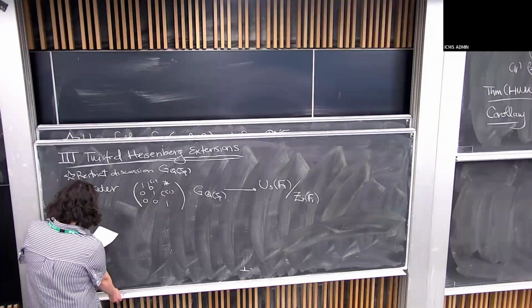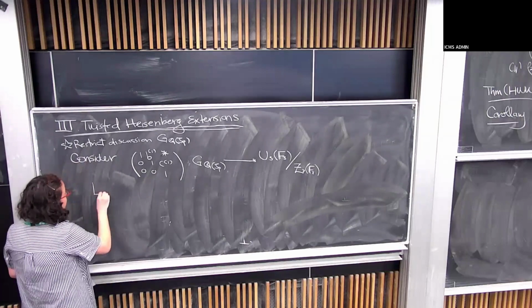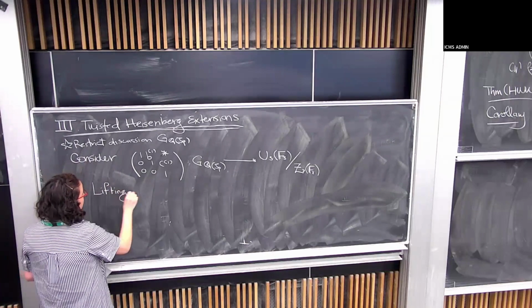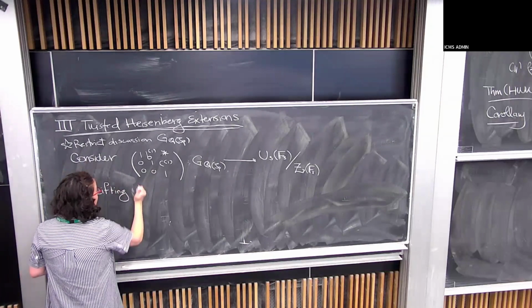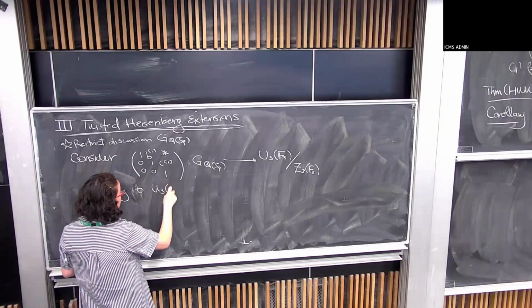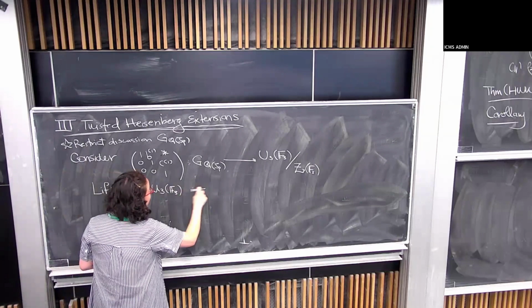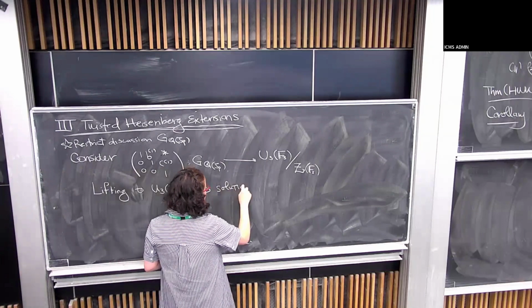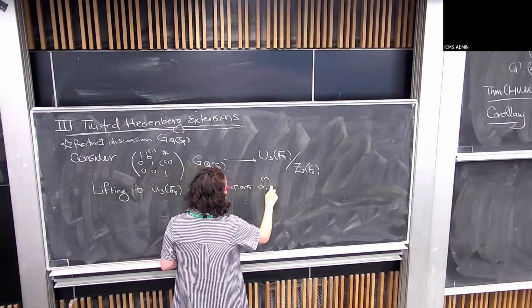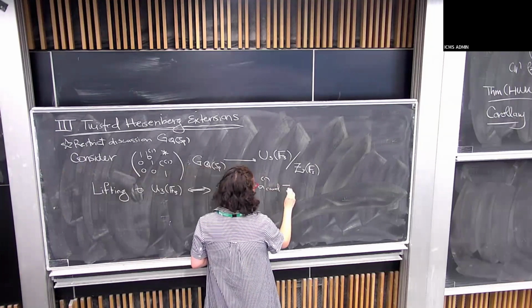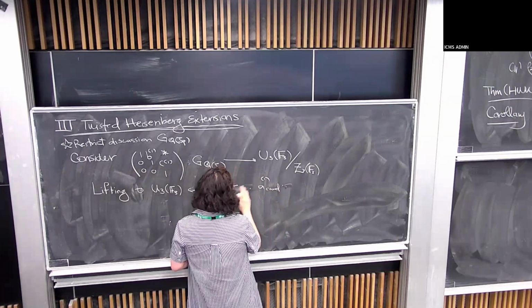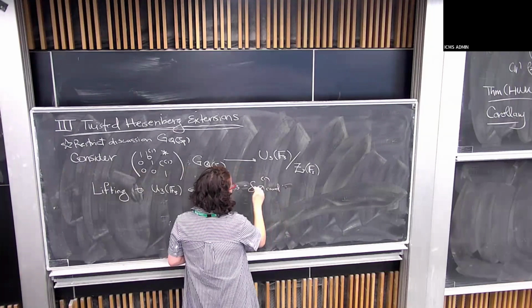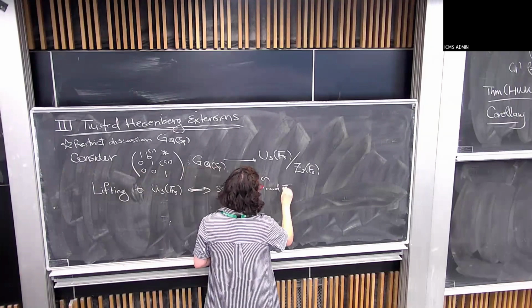And so the point is that liftings to U3 exactly correspond to solutions A1 candidate that satisfy the boundary equation that we wrote before.